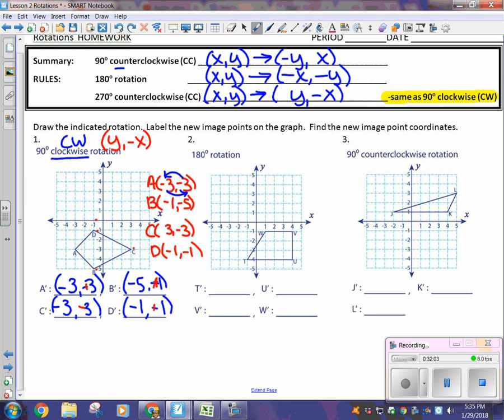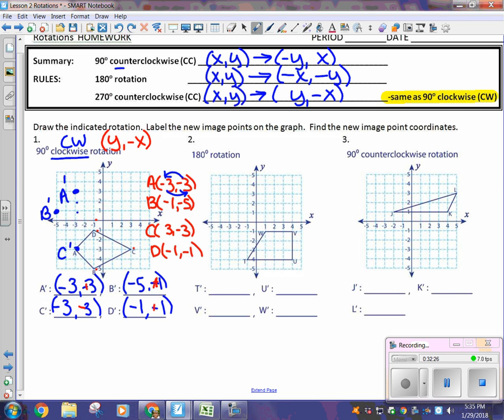Now I should have my points. Let's see if we can locate this one. -3, +3, 1, 2, 3. That would be A prime. All right. B is -5, +1, -5, +1. There's B prime. -3, -3 is actually right on top of A, so that's A and C prime at the same time.